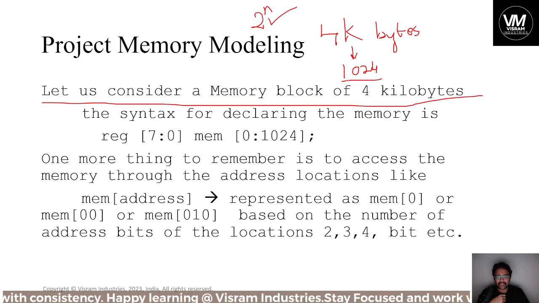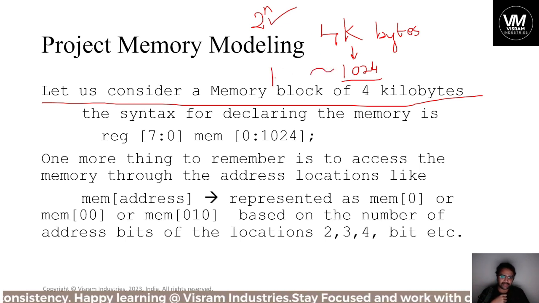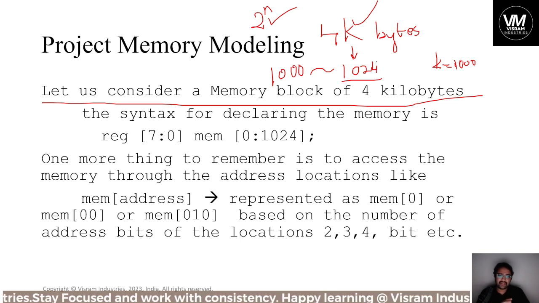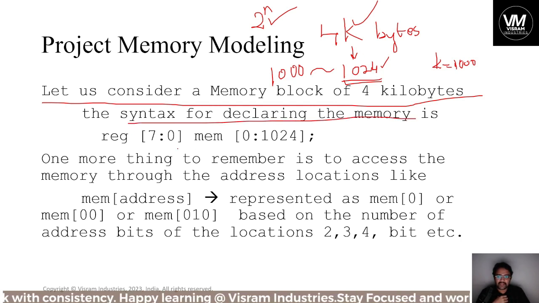Hence, when it is near 1000, we call it kilo. In SI units, in measurements of distance or anything else, K represents 1000 meters, kilometers. But here in digital circuits, for memory, that number of bits is considered as 1024.